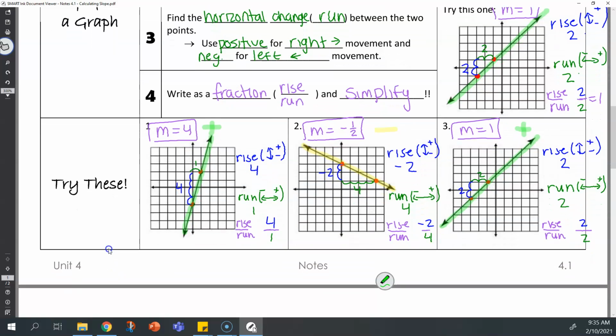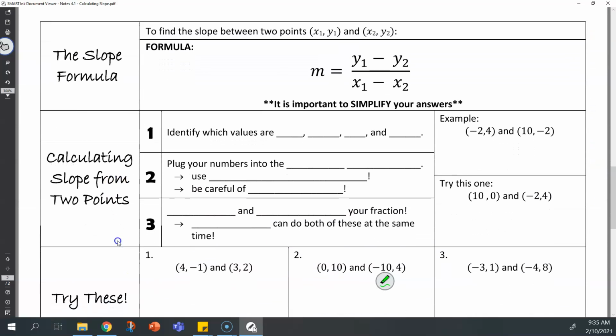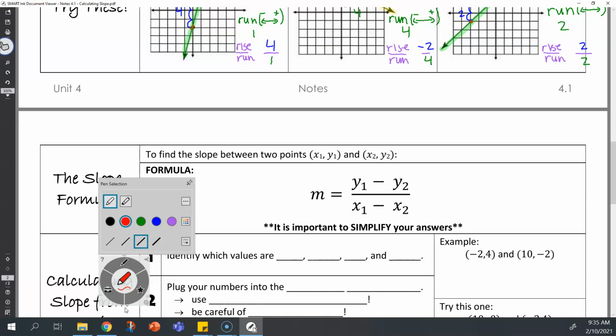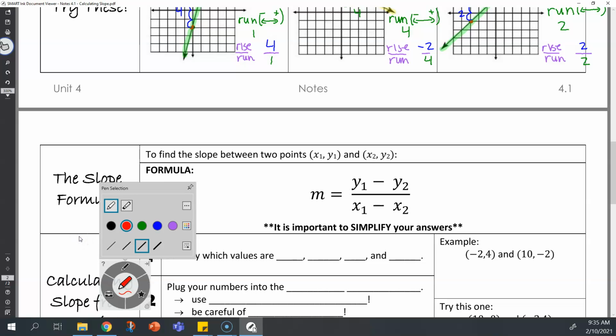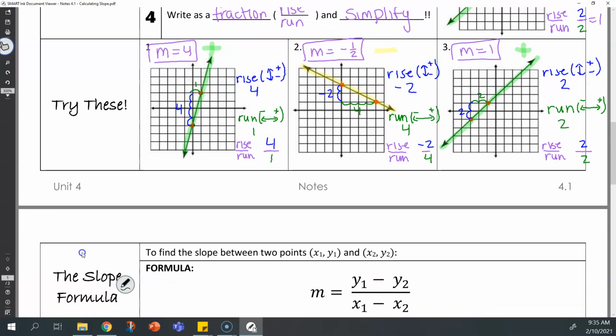We are going to do additional practice in class, but I want to show you the other way that we're going to solve for slope here in class. So sometimes you'll be given a graph like we were just given in the last couple of examples, but sometimes they're going to give you the coordinates of the 2 points that are on the line.